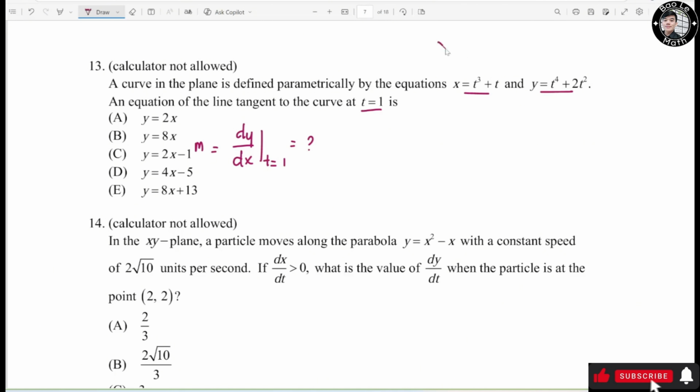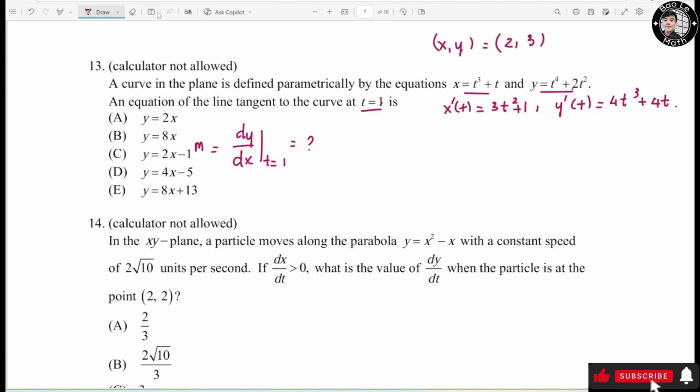So I have s, y, substitute 1 for t over here. It's going to be 2, right? Substitute 1 for t over here. It's going to be 3, right? We have s prime of t is 3t squared plus 1, right? And y prime of t is 4t cubed plus 4t, right?